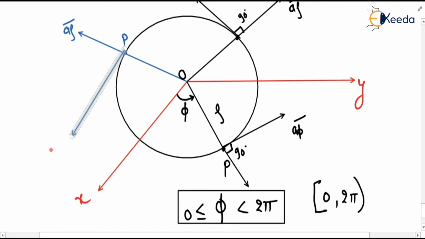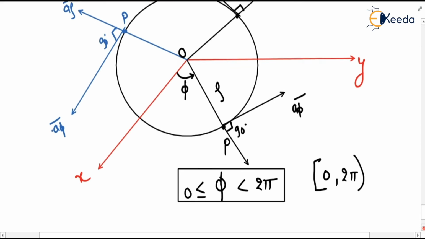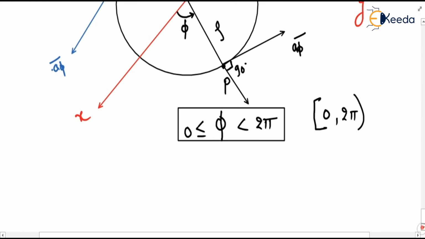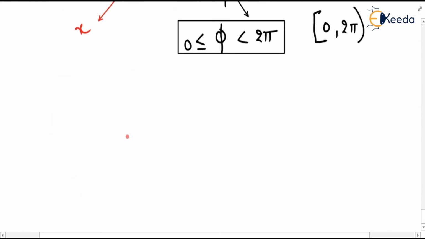So this angle is here 90 degrees. How will these be defined?